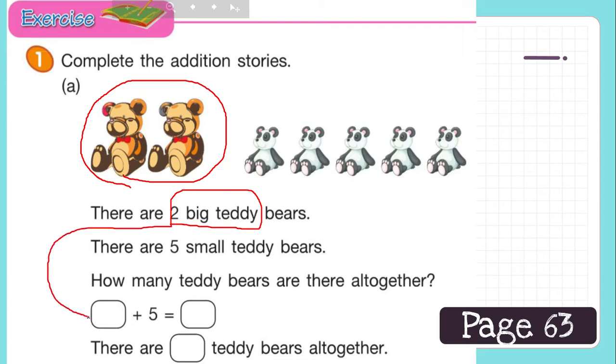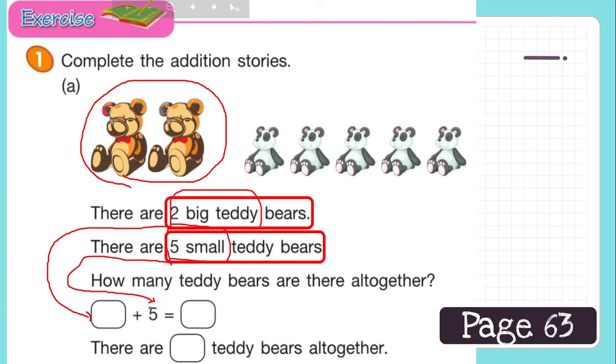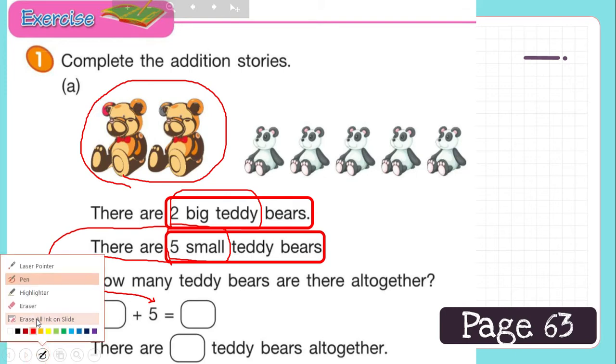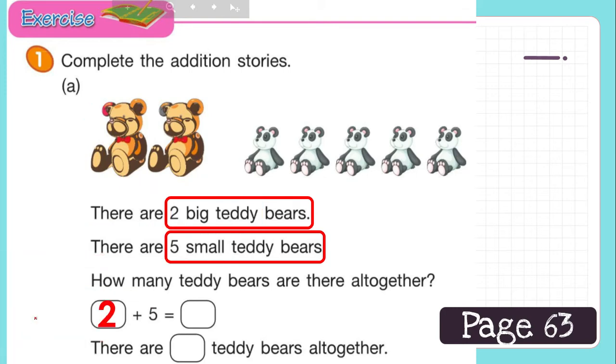Because we already have the 5 small teddy bears written in this part. So we're going to write there 2. There you go. And 2 plus 5 equals 7. Okay. There are 7 teddy bears all together.